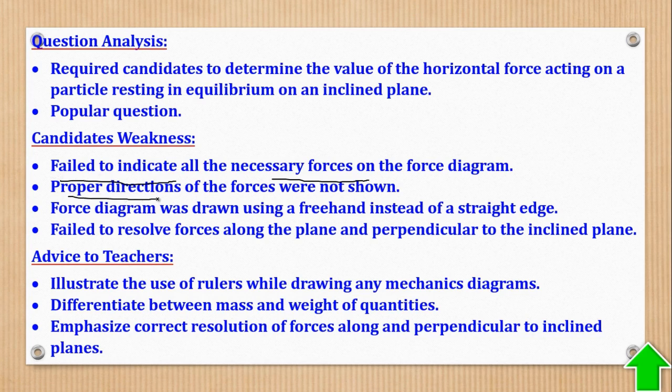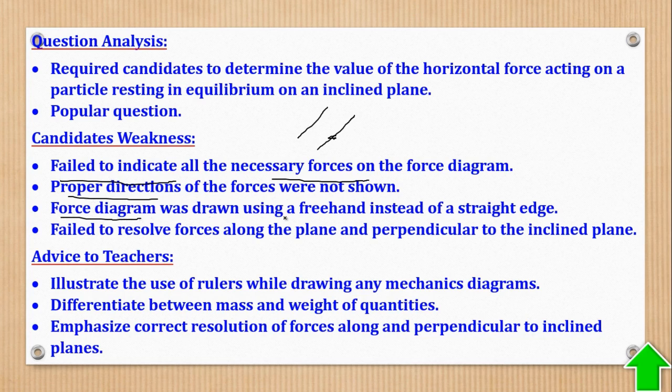Then also the weakness was that proper directions of forces were not shown, especially the direction of friction, because in this case, they did not specify whether the particle is at the point of moving downwards or upwards. So candidates failed to figure out the direction of friction. But if they don't specify, then it must be at the point of moving downwards.